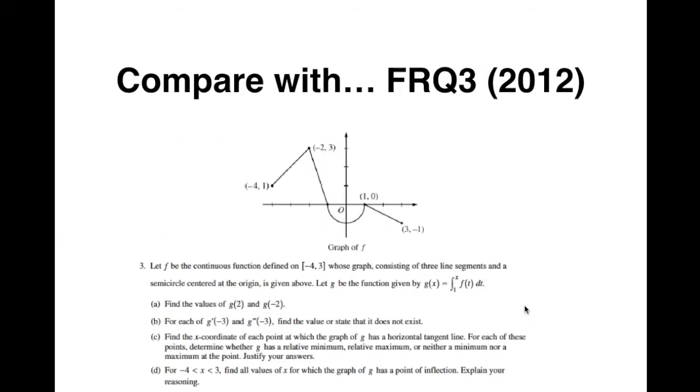If we look at the FRQ from 2012 and you go to question D, you will notice that the question is find all values of x for which the graph of g has a point of inflection. Exactly the same question. Since we went through the thinking now, it's kind of easy to solve this question.